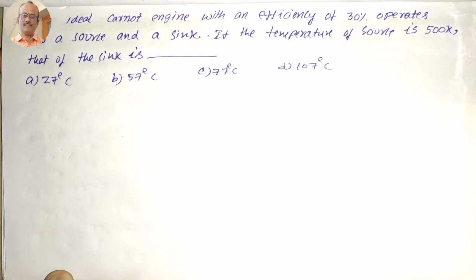Now question number 24. An ideal Carnot engine with an efficiency of 30% operates between a source and a sink. If the temperature of the source is 500 Kelvin, what is that of the sink?